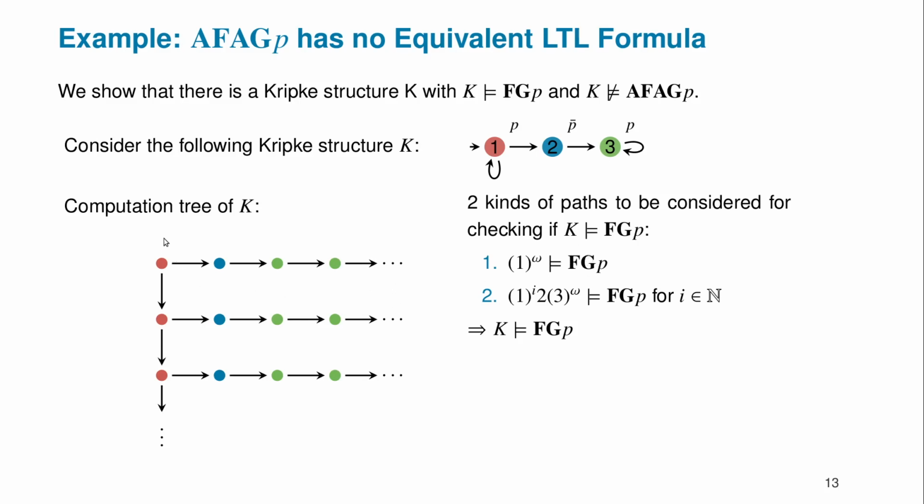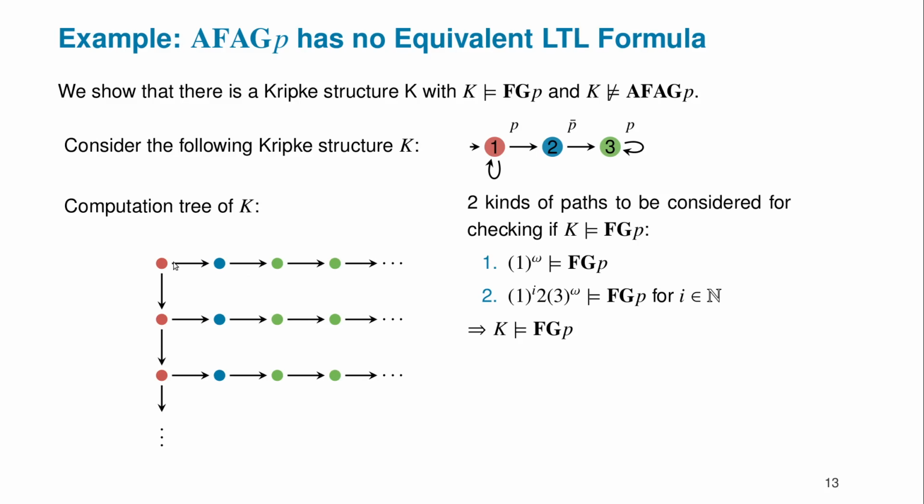Obviously this is the case on the path which has only these red circles, because in state 1 P holds. So if we just consider the trace which goes down, we find a state, for example the first state, from which on globally P holds.